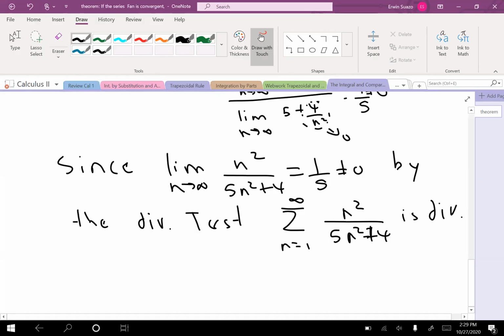Okay? So that's a good example of what you can use with that theorem.